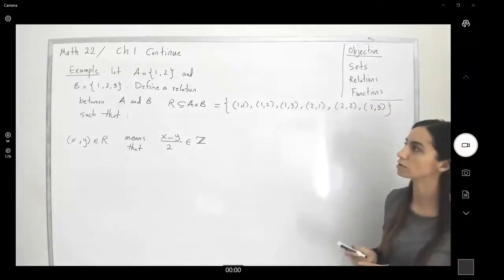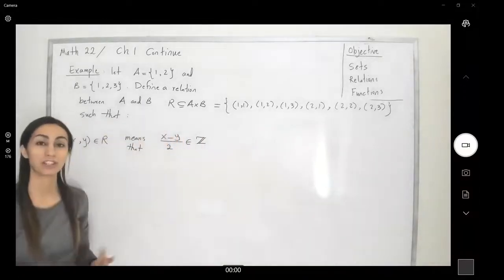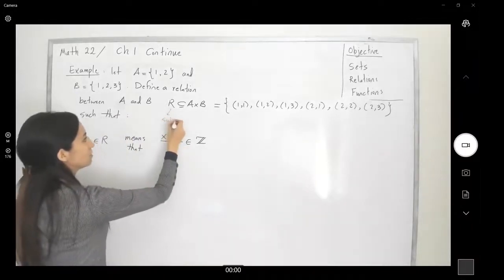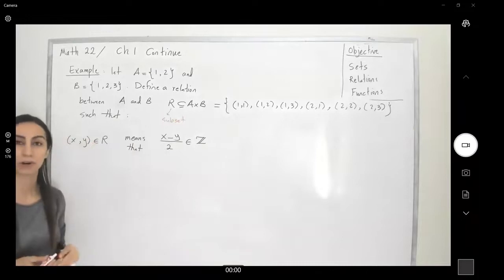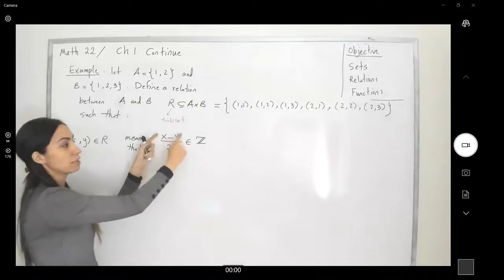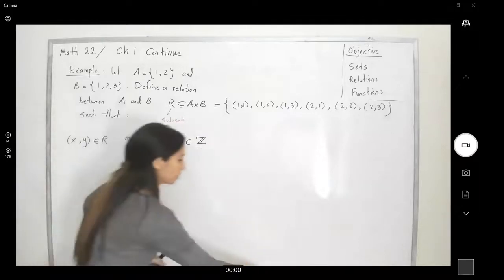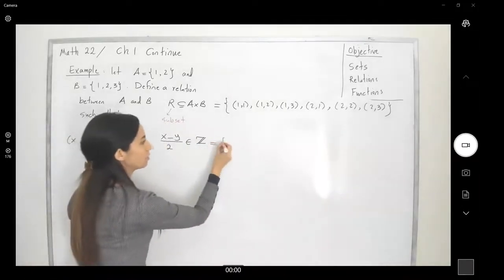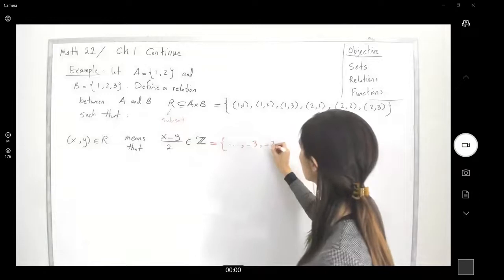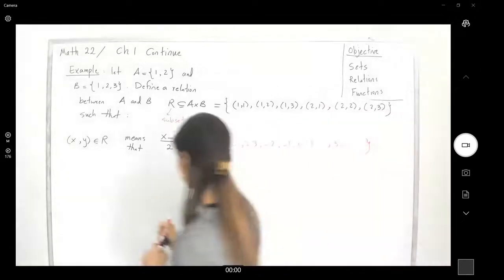Okay, this is the Cartesian product between A and B. You're looking for a subset, as a relation is a subset, of A Cartesian product B such that if I take the first coordinate minus the second coordinate divided by 2, it's an integer. Remember, Z is the set of signed numbers: -3, -2, -1, 0, 1, 2, 3, and the rest of them.